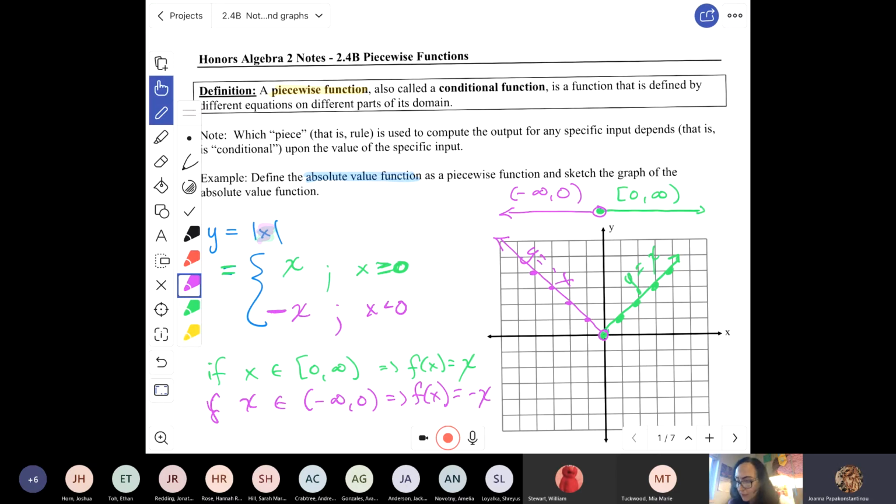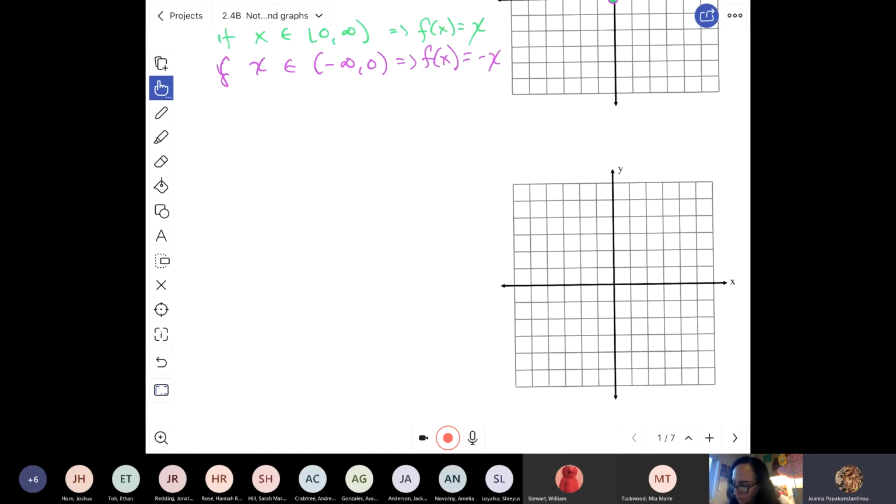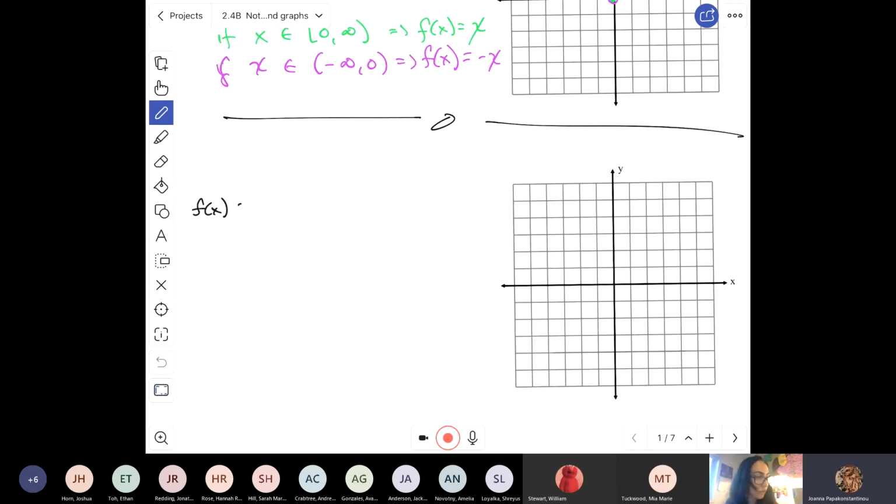Okay, let's try another example. I'm going to give you a piecewise function. So let me say f of x equals, let me give you this piecewise function here.